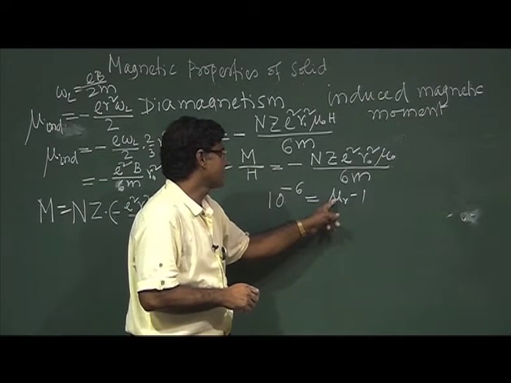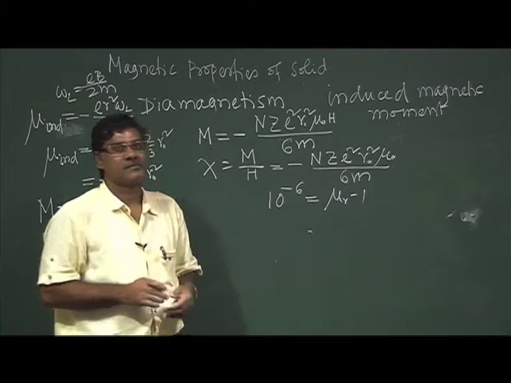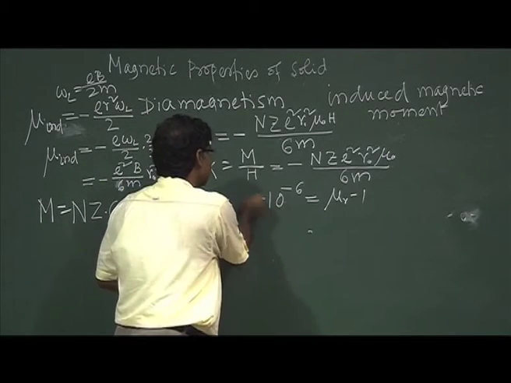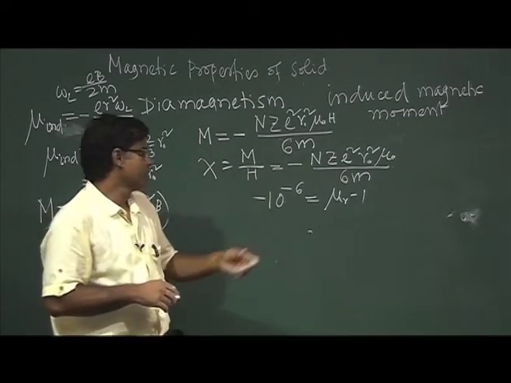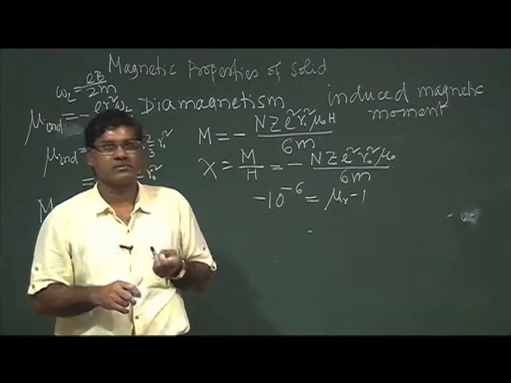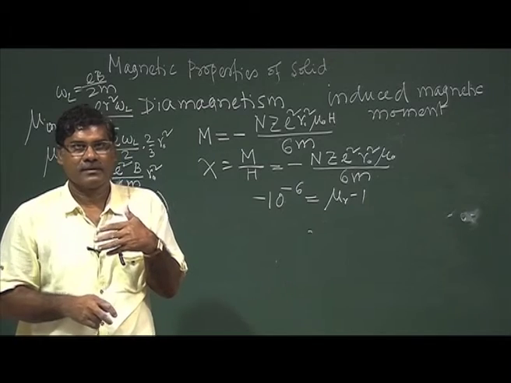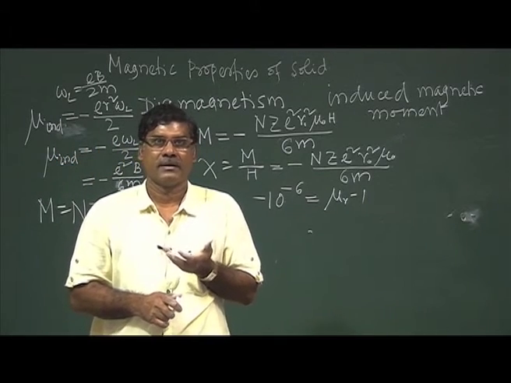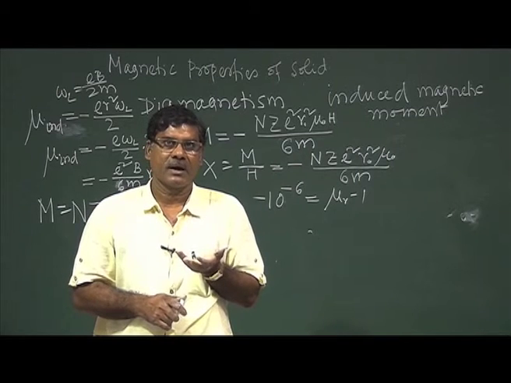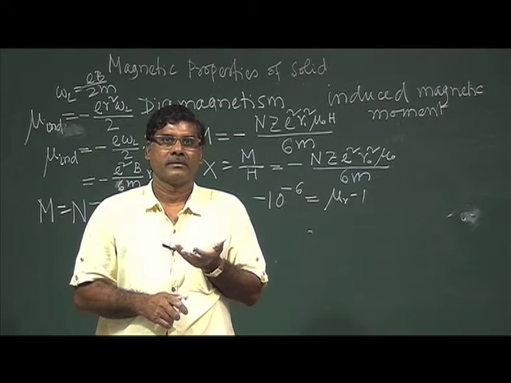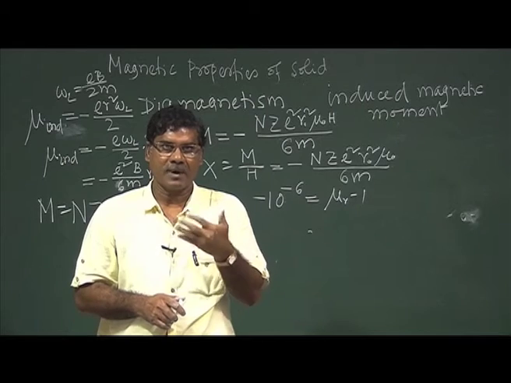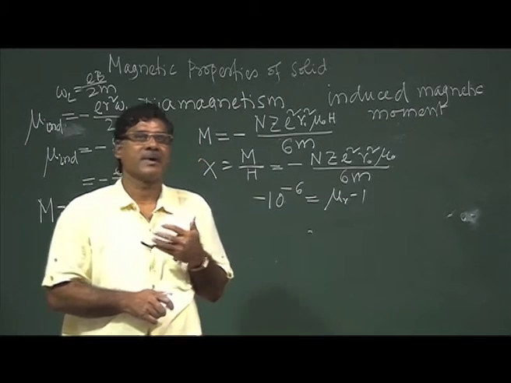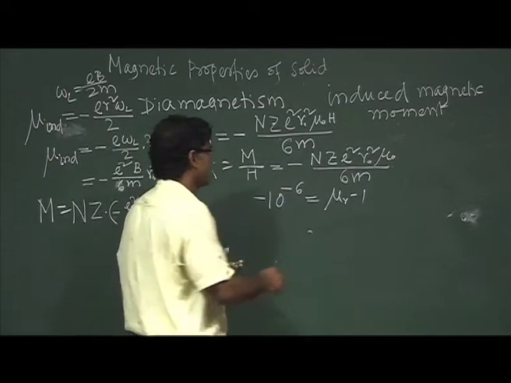So mu r is slightly less than 1, because of the negative sign. When a material shows negative susceptibility and permeability slightly less than 1, that material is called diamagnetic material.